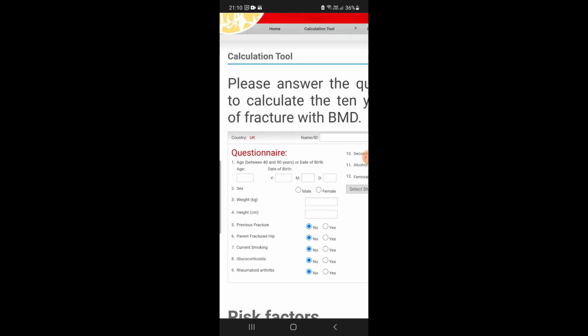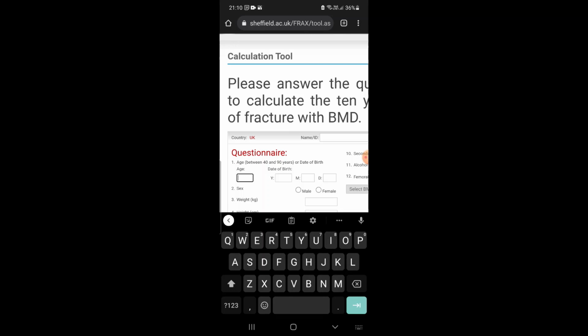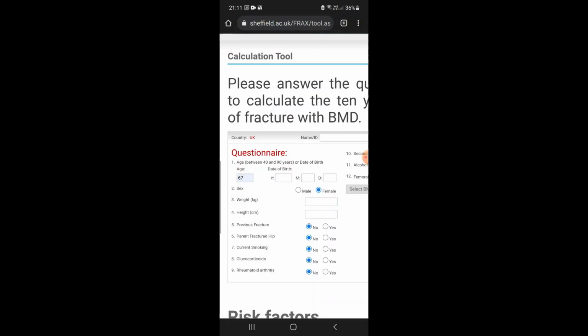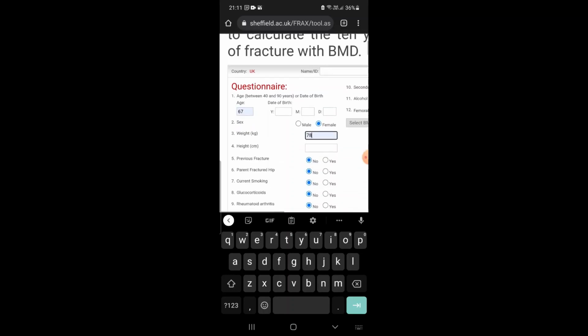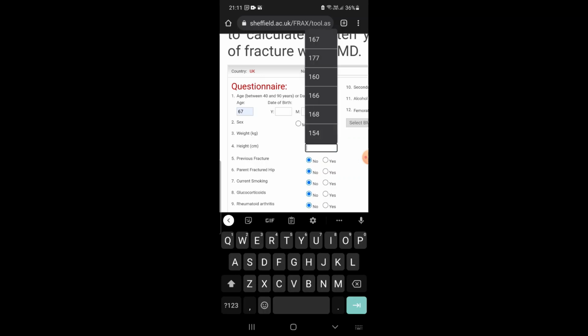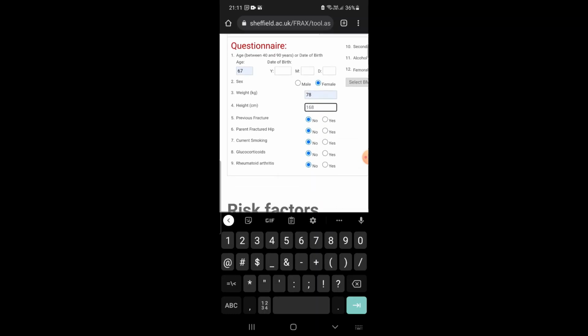We put in the age of our patient, which is 67, sex, of course, female, and her weight is 78 and her height is 168 centimeters.